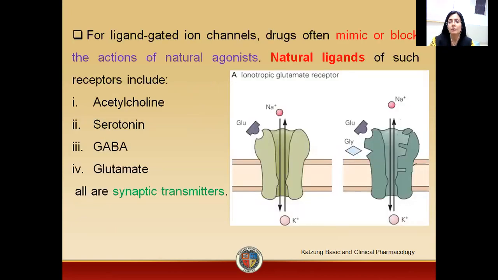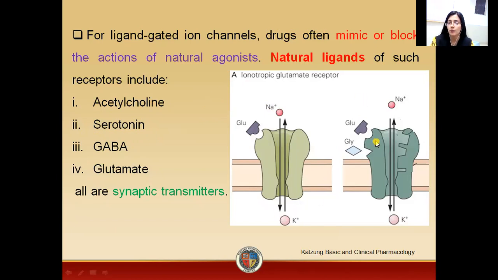Here are some examples of natural ligands which bind themselves with the ligand-gated ion channels. Examples of such ligands include acetylcholine, serotonin, GABA, and glutamate. All these natural endogenous ligands or substances are basically involved in the neurotransmission.